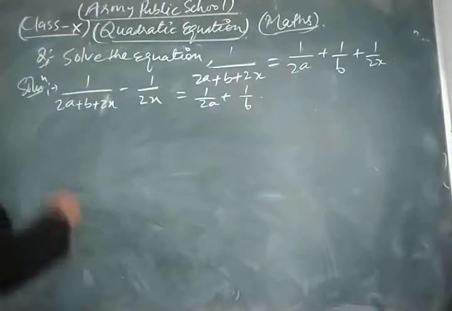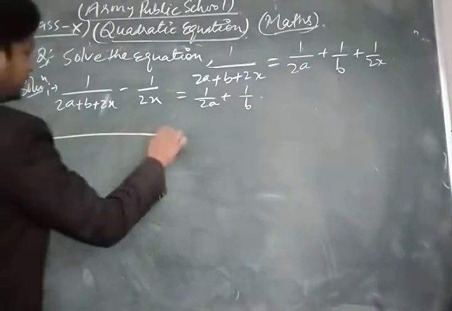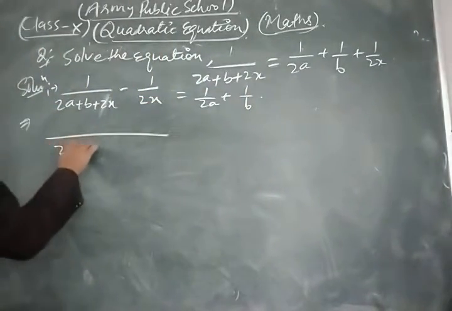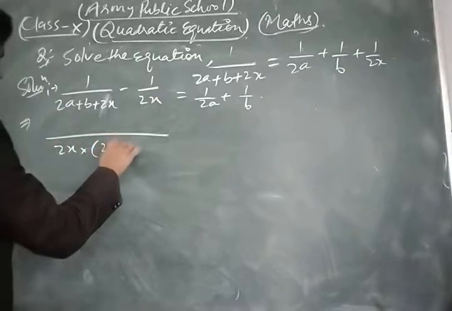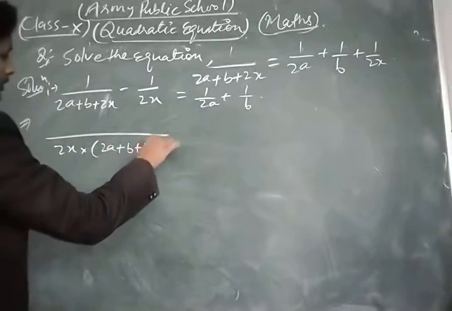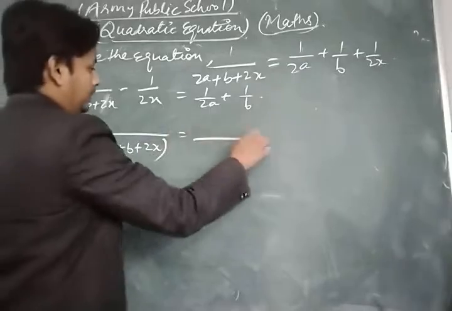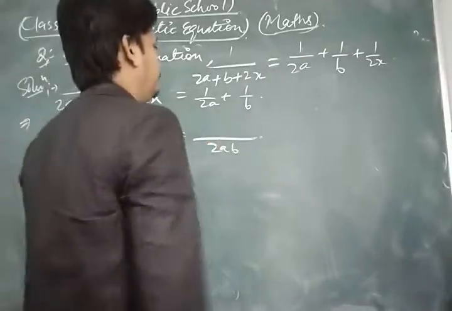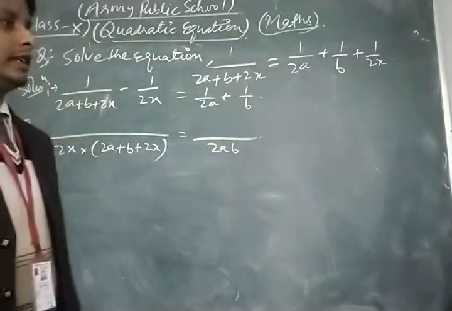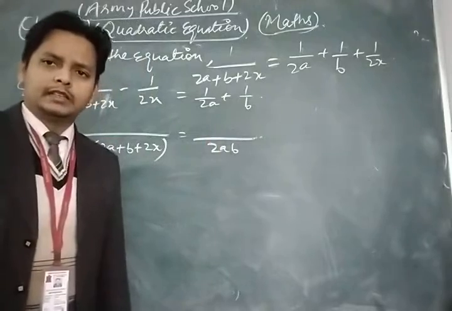Now here we take LCM as 2x into 2a plus b plus 2x, and from the right hand side we take 2ab as LCM.